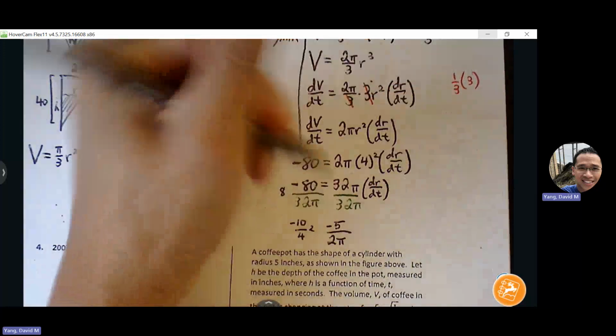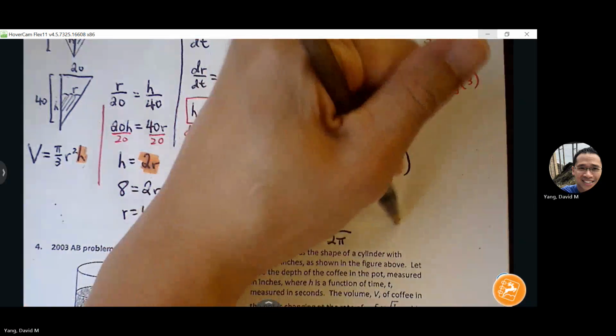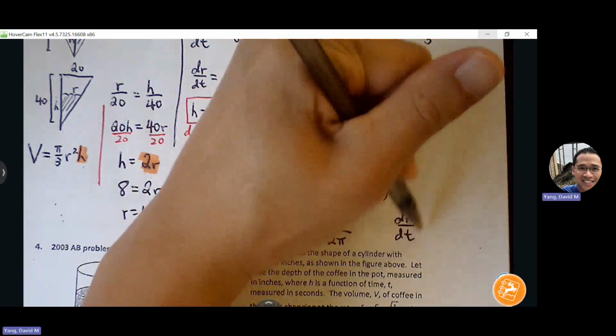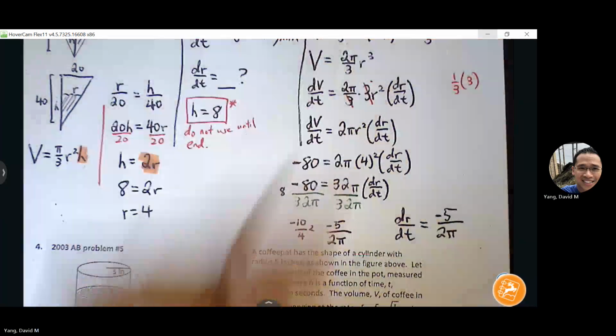I know it looks like a strange place. A lot of students want to bring that pi up because it looks more correct, but that pi needs to stay in the denominator. If you bring that pi up to the top, instead of dividing by 3.14, you're multiplying by 3.14, and that's a different number. So dr/dt is -5 over 2 pi.